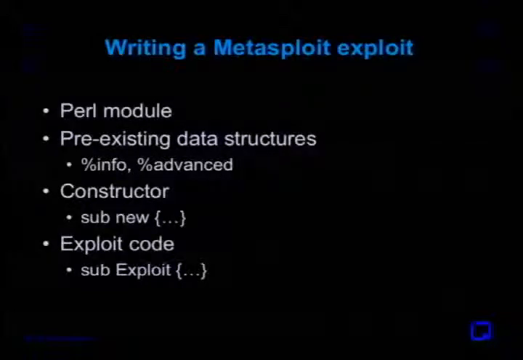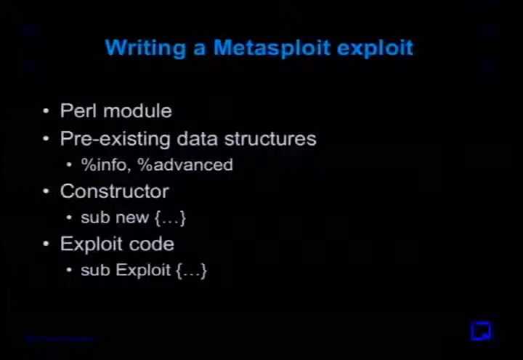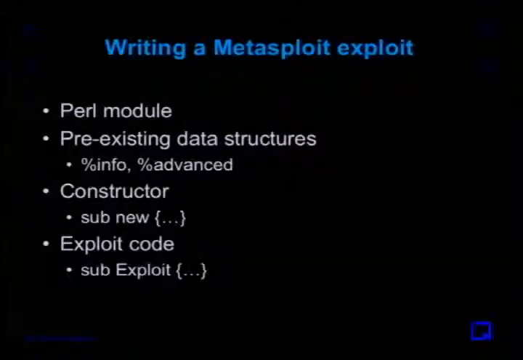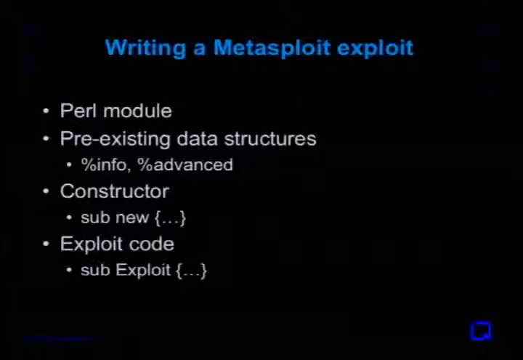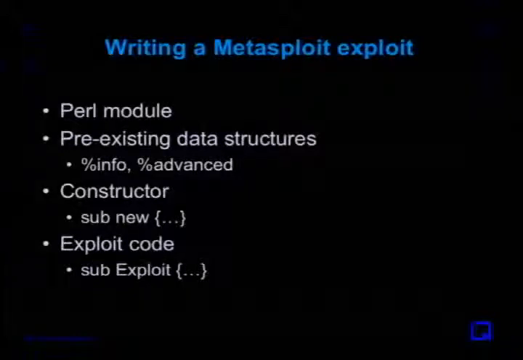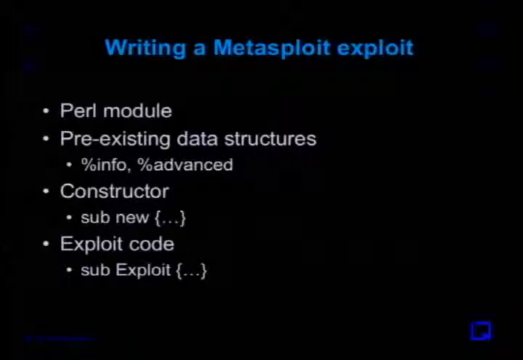Every Perl module, every plugin, has a constructor called new, which will instantiate it. Metasploit will invoke it and instantiate it. And then every module must have an exploit section, which will be called when you give the command exploit from within the Metasploit framework to actually execute stuff.